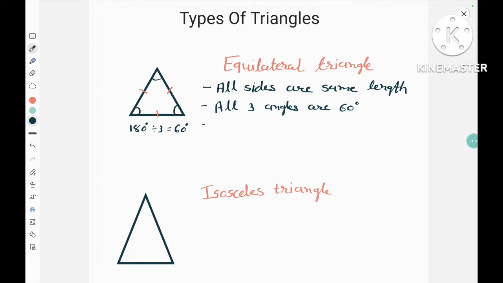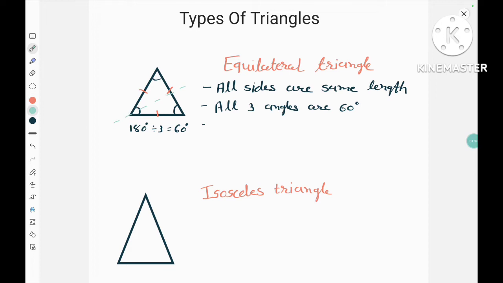Okay. Now the next property of equilateral triangles is the line of symmetry. Line of symmetry means if you cut this triangle and both pieces after cutting are the same size, that is called a line of symmetry.